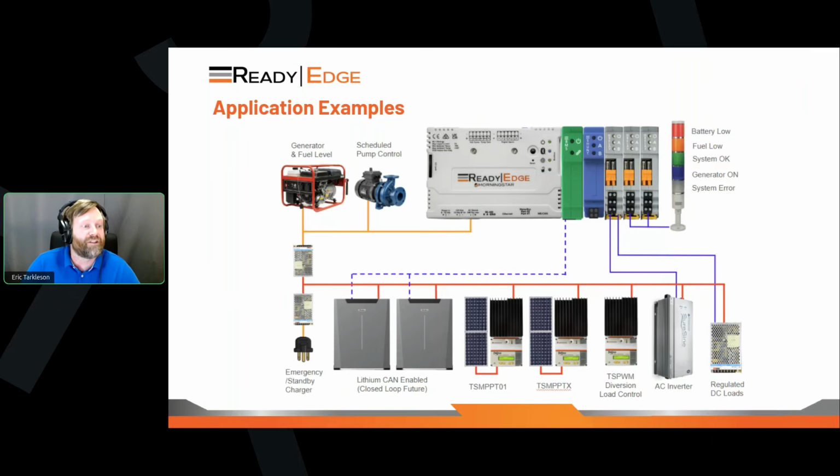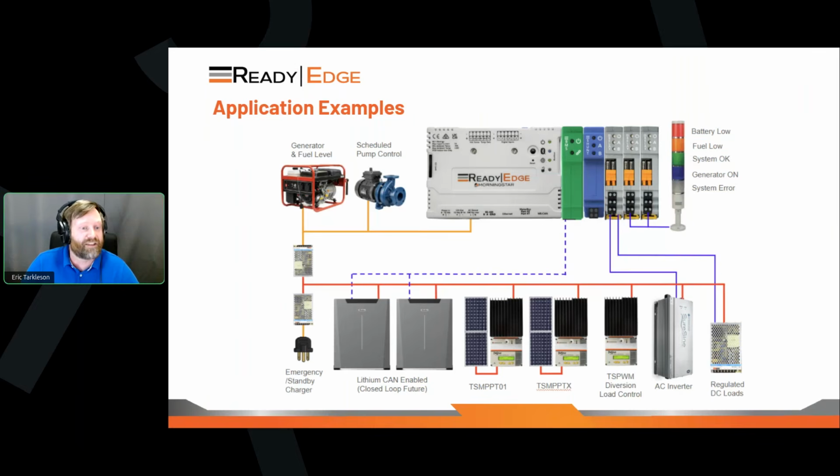And we also have auxiliary or emergency charging with a plug on the box, and a bunch of TriStars for the solar side. And then we have another TriStar PWM controller for load control or diversion control, to run water heaters if the batteries are full and there's still solar available, or when the generator's on.